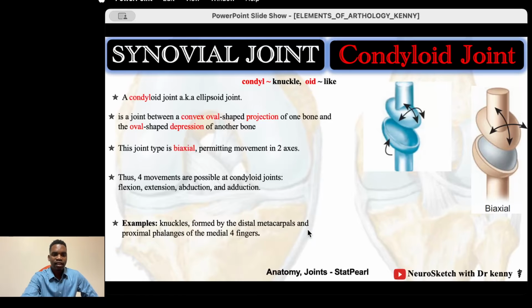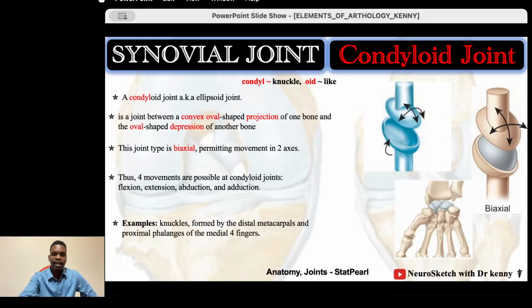A knuckle is formed by the distal metacarpals and the proximal phalanges. So here, these joints are actually the condyloid joint.